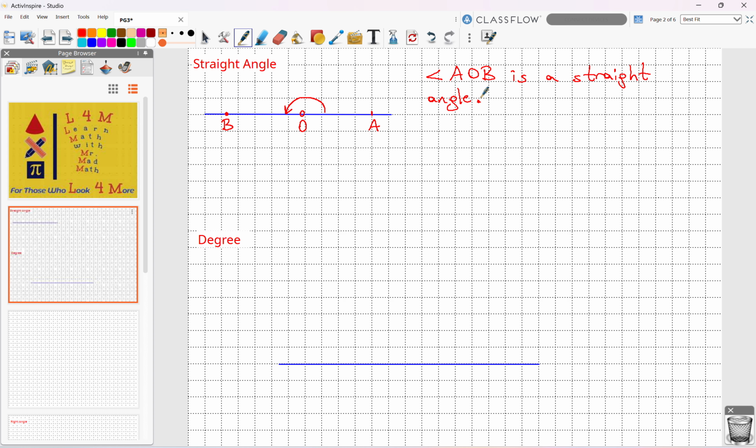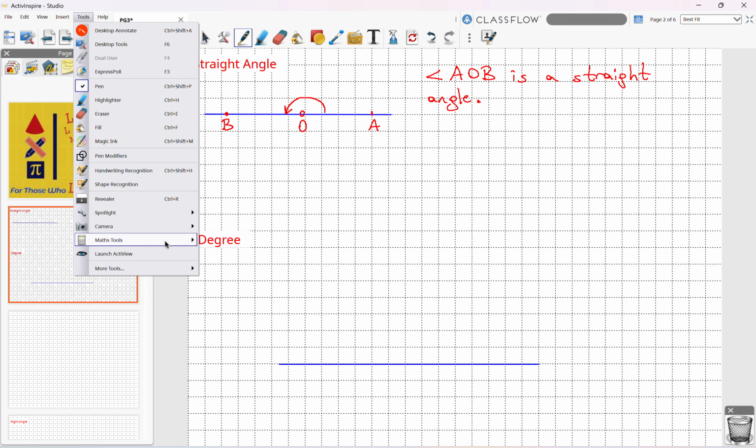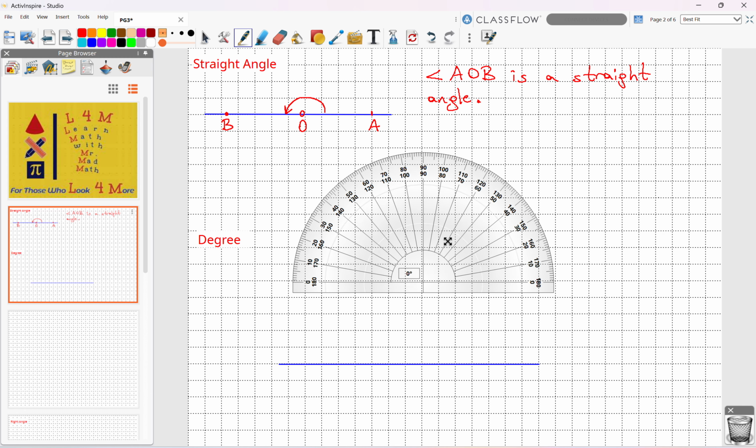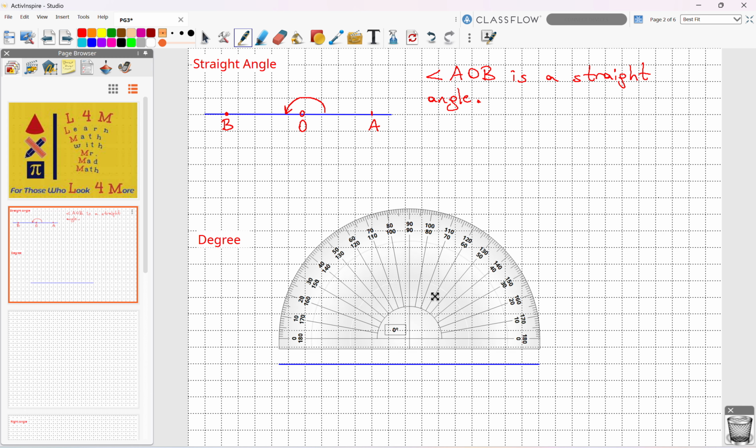Okay, at this point I want to talk about the angle measurement unit, which is degree. Think about a protractor. I believe that you have seen it before and you know what it is. A protractor is one of the main tools used in classical geometry, of course.